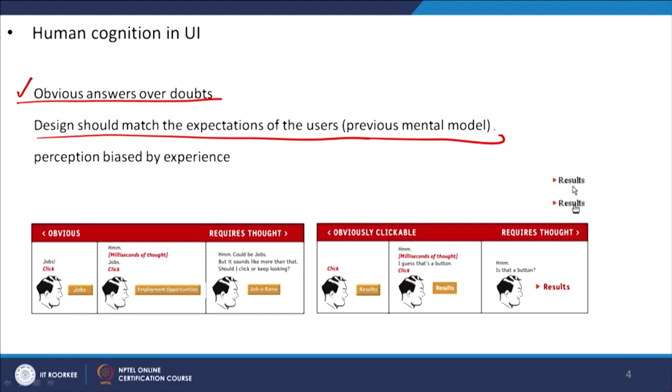Whenever users are exposed to a new product, they will create a perception of it, based on having already used a similar product, or, if not, still based on their previous expectations. We have discussed this in the model of the designer's conceptual model, the customer's mental model, and the system image, this triadic relation.